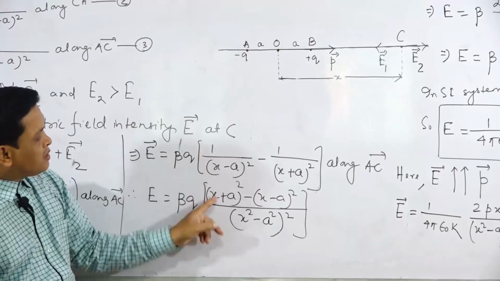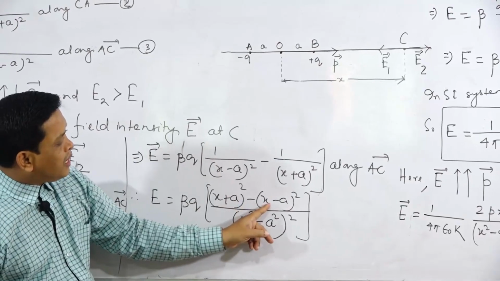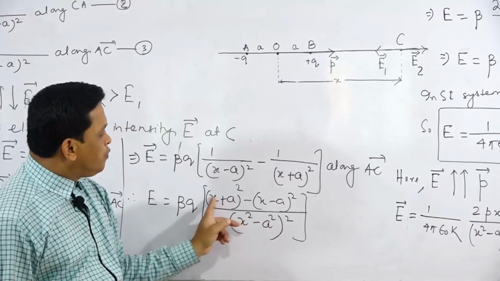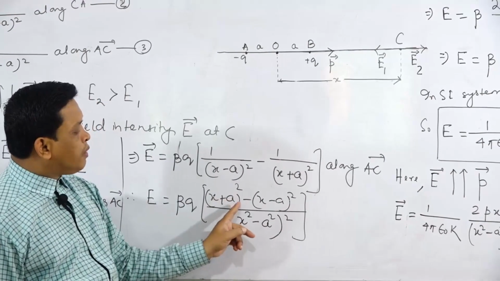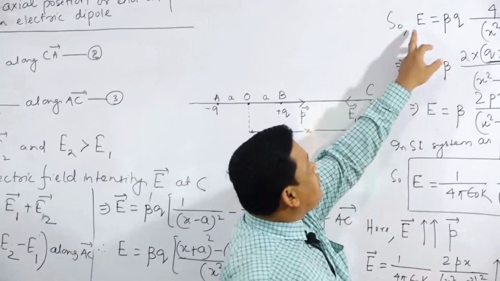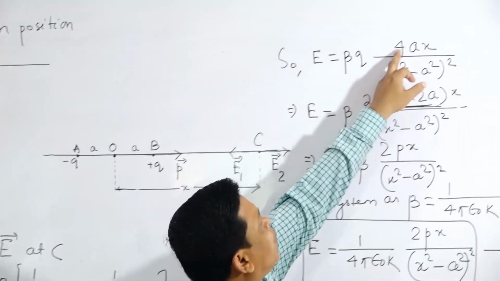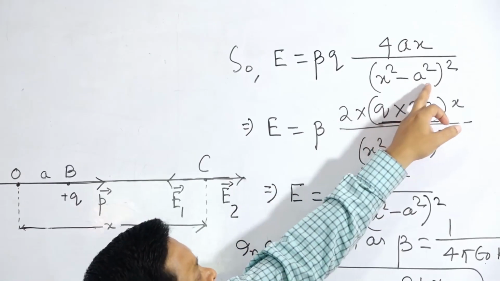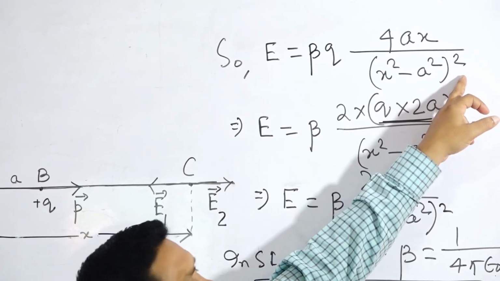This is (x plus A) square minus (x minus A) square. If you solve it, using the formula (A plus B) whole square minus (A minus B) whole square, you will get E equal to beta Q 4AX by (x square minus A square) whole square.